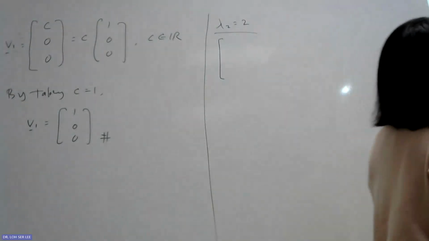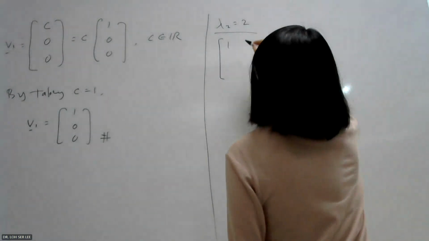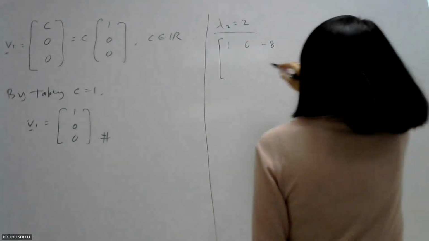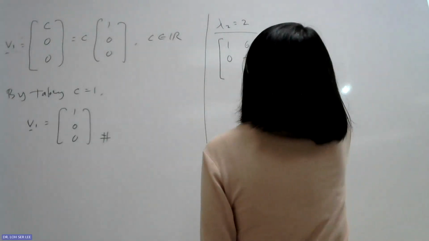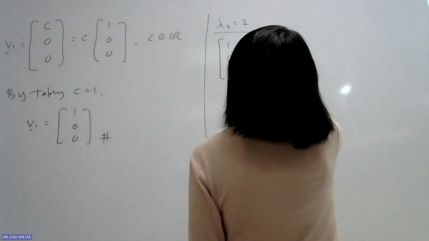Substitute 2 into lambda, so 3 minus 2, 0 minus 2, 2 minus 2.